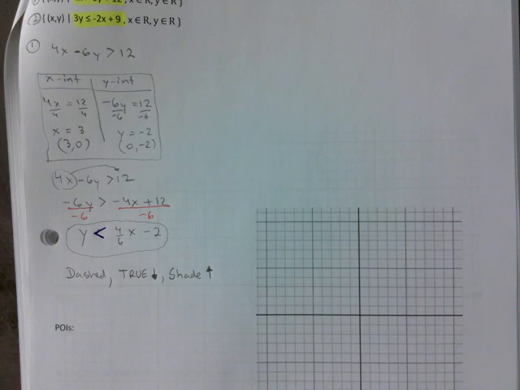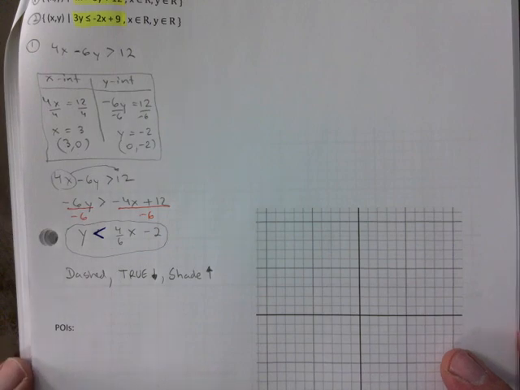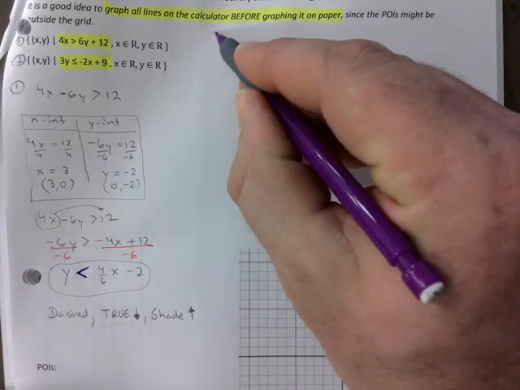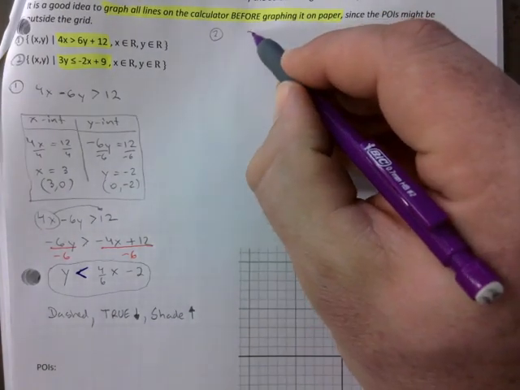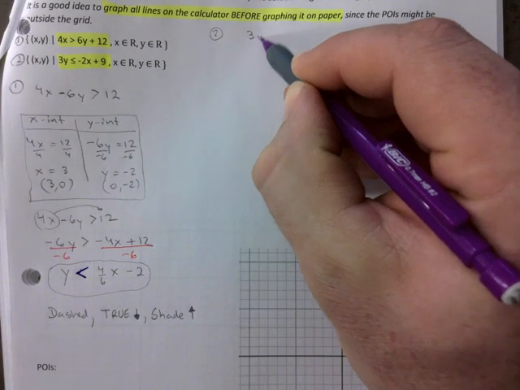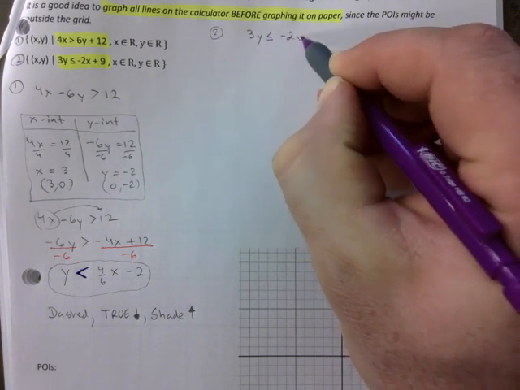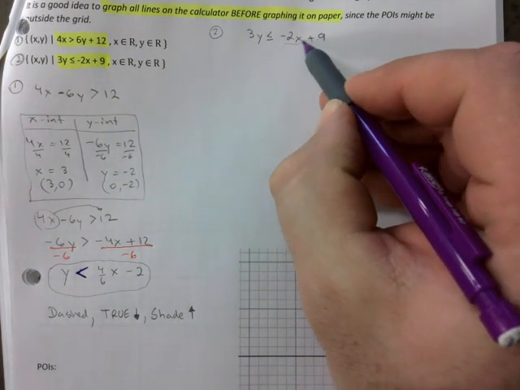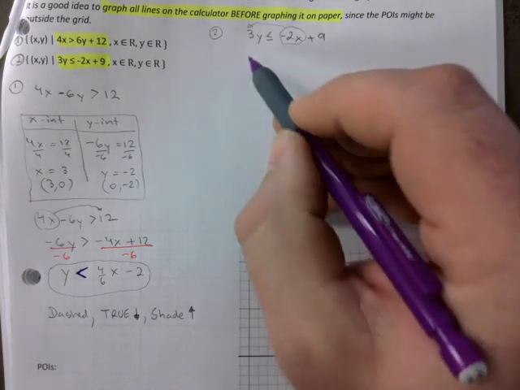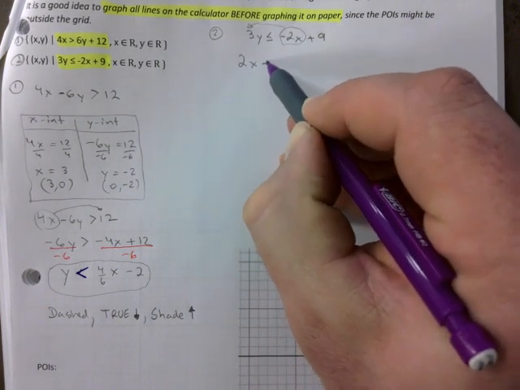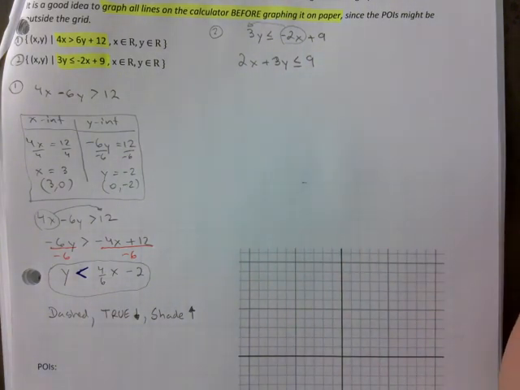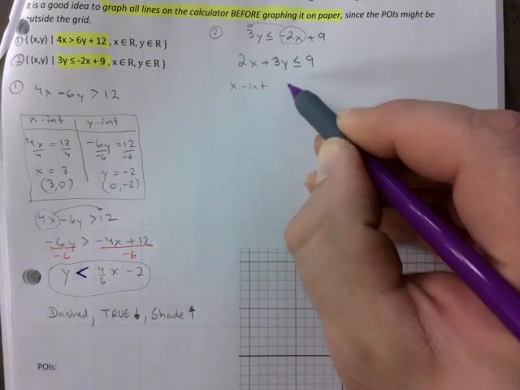We could now technically graph that one, but I'm going to go to the second inequality right away and do the same thing. So I'm going to go up a little bit and use this space here for the second one. 3y is less than or equal to negative 2x plus 9. Not really the way I want it, so I'm going to bring this over to the other side. So it's going to come over: 2x plus 3y less than or equal to 9. Find the intercepts.